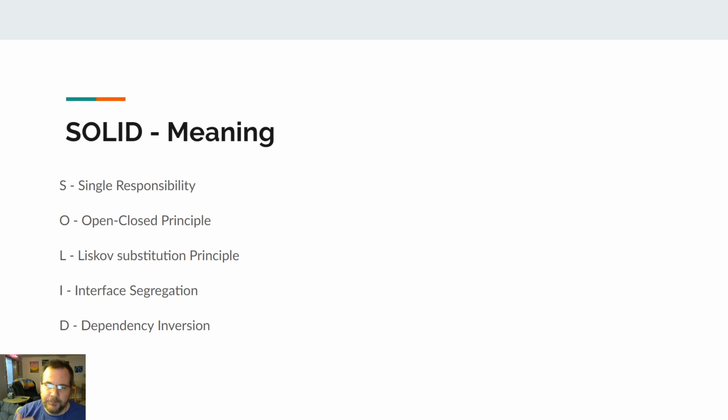Single responsibility means that whenever you're writing a script or a function, or in Unity's case, making a game object, you want to have that game object have a responsibility. Now, that doesn't mean that it only does one thing, but you want to have it be separated out into different functions. Anything that controls the animation shouldn't be controlling the movement, which shouldn't be controlling something else, like health.